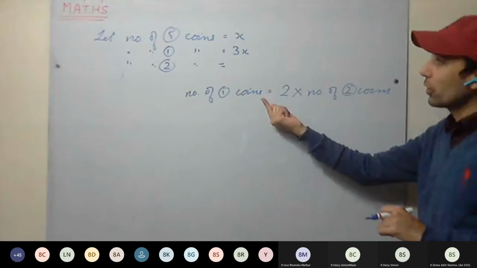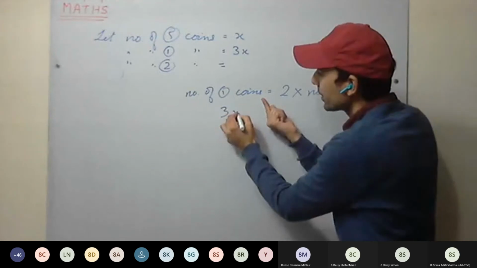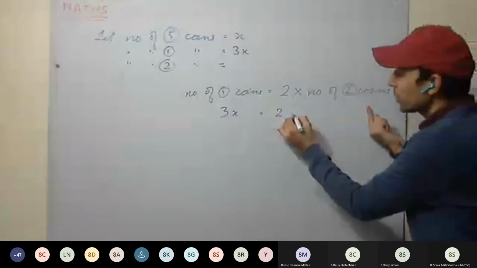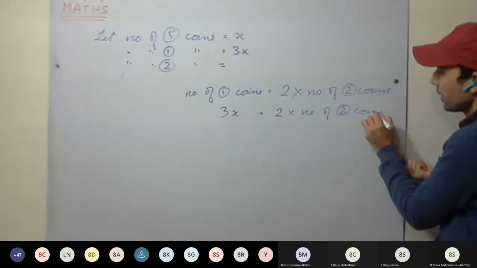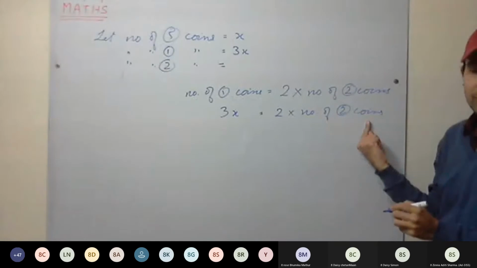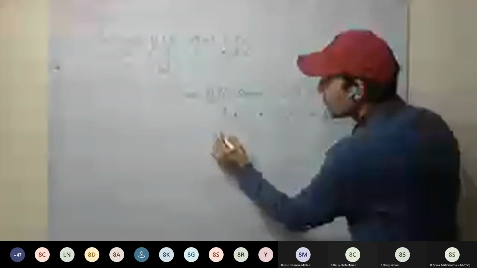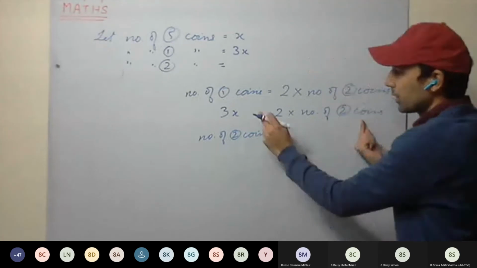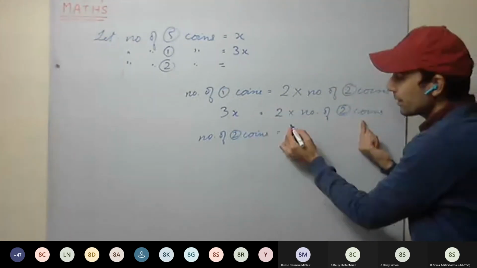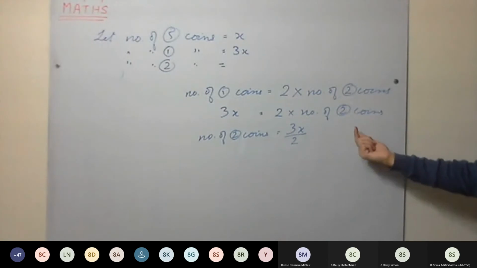So the number of 1 rupee coins, how much? 3x. That equals 2 into the number of 2 rupee coins. So the number of 2 rupee coins will be how much? 3x divided by 2. Have you understood this one?